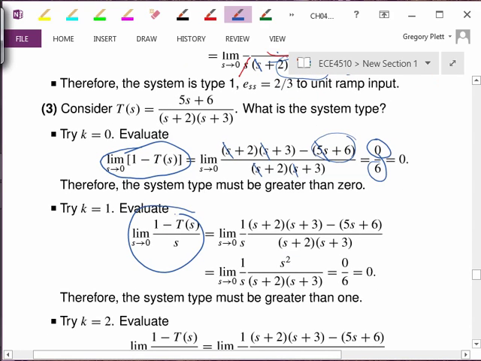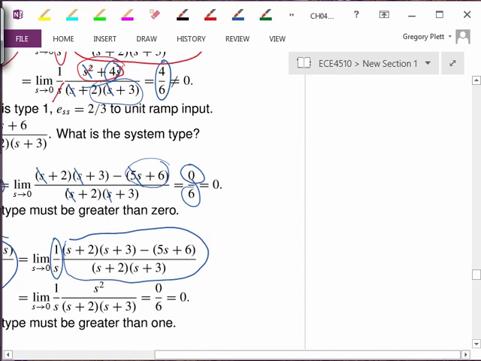Limit as s goes to 0 of (1 minus T(s)) over s. So same idea as before. There's the 1 over s, and the 1 minus T(s) is the same stuff that we had, but I'm going to now multiply this out carefully.